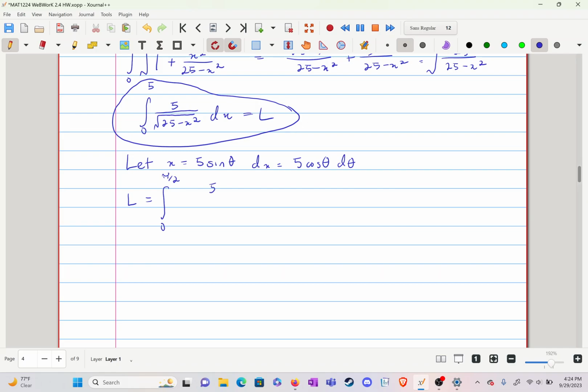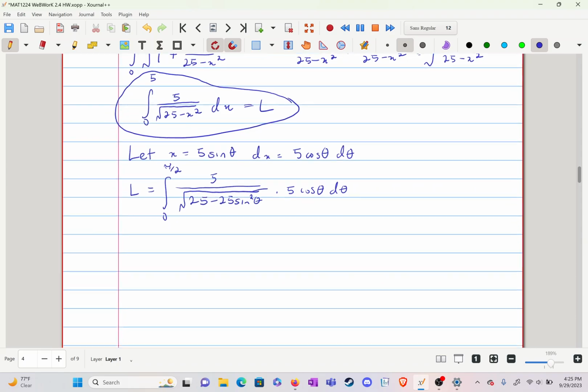We have 5. That's where we start using our trig substitution of 25 minus 25 sine squared theta, because that's where we have x squared, times our dx over here, so 5 cosine theta d theta.